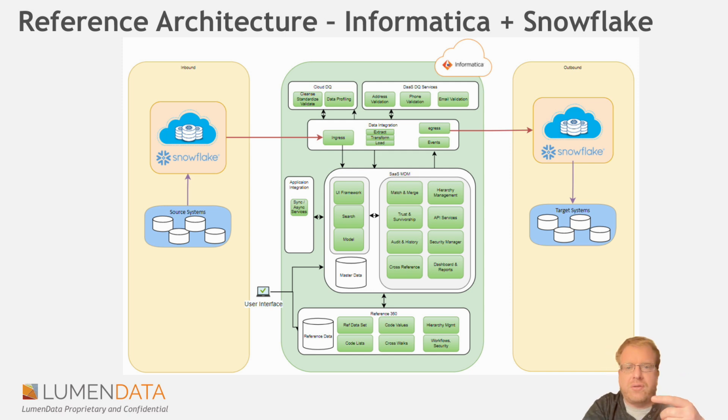And then we need to process it, apply MDM rules, do data quality, all of this sort of thing that allows us then to write it out to Snowflake where analysts will then use it in their analysis in Power BI or Tableau, or push it out to other target systems like SaaS applications, for example, Salesforce or HubSpot or MailerLite, anything like this. And so what we're going to do is show you what the results of Informatica are going to be in Snowflake, and then talk a little bit about what this will mean to your customers.